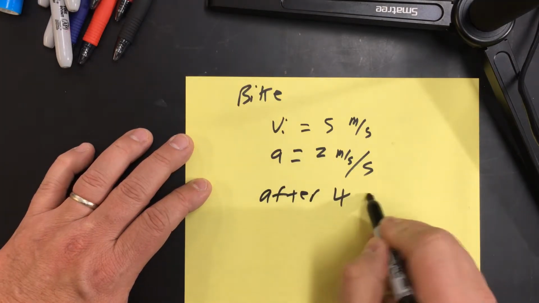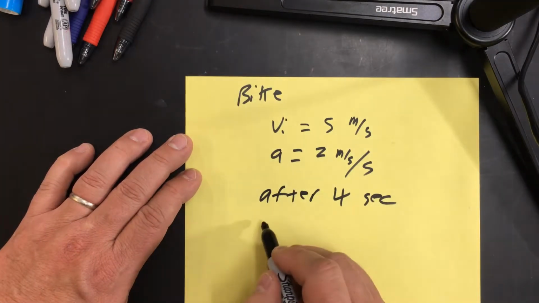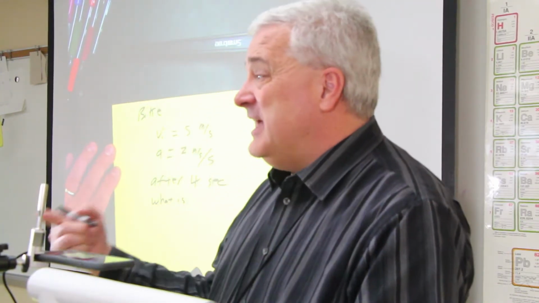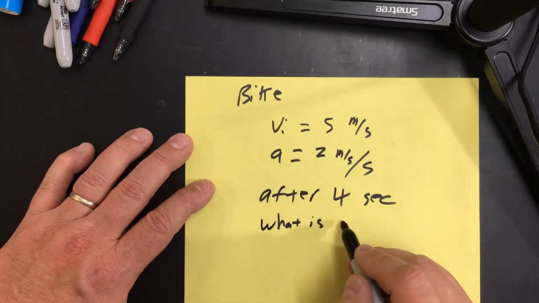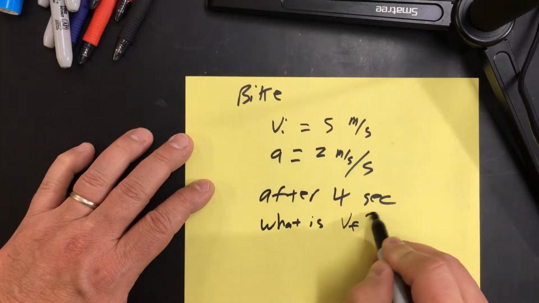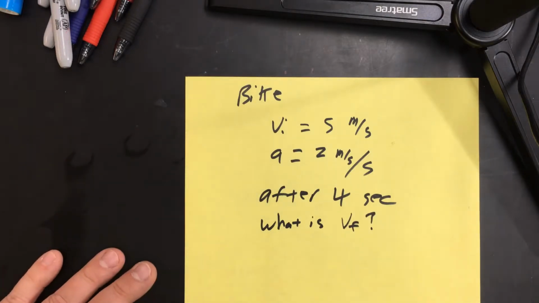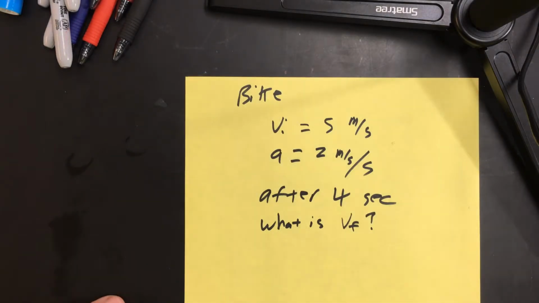how fast is it going? What that really means is, what's its final velocity? What is v sub f? So when someone says, after some period of time, how fast is it going? What they're really asking is, what is the final velocity?